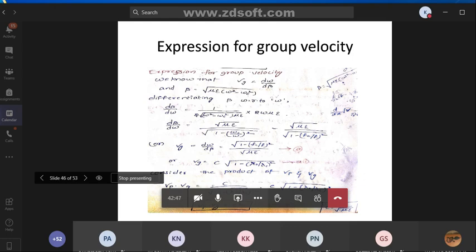So differentiating this beta with respect to omega, you will get d beta by d omega equal to square root of mu epsilon by square root of 1 minus omega c by omega whole square. In place of omega c by omega, we are substituting fc by f.